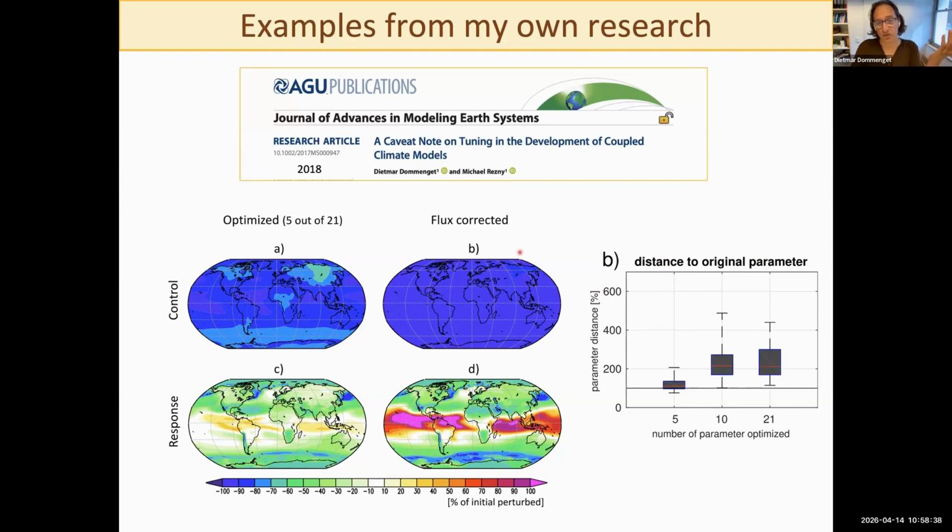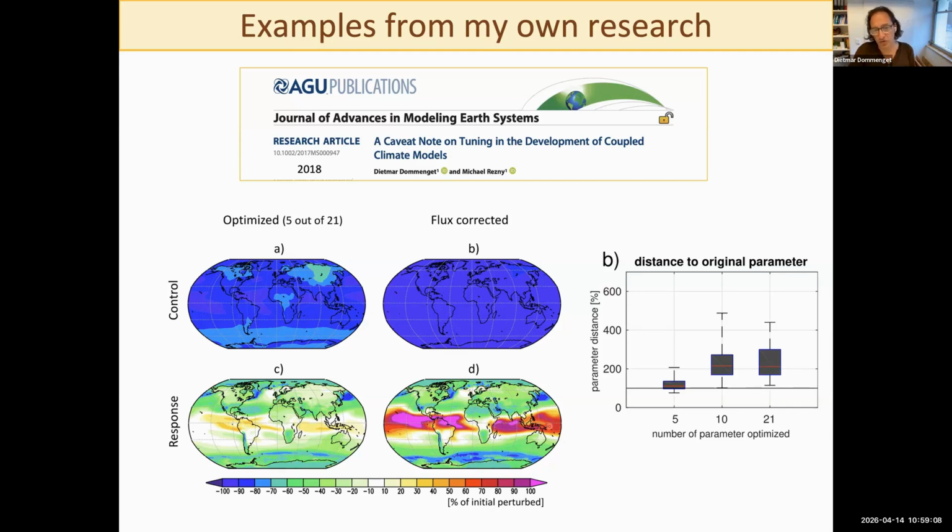If I reproduce the same thing with flux corrections, first with flux corrections I can get rid of all the errors in the control one. So the model will look perfect. But then if I test this in the response, you can see it's also greenish and bluish in most regions. So it improves the response to CO2, but not in the tropics, where it actually makes it worse. So the flux corrections, in some sense, suggest to you an almost perfect model in the control one, but some of the responses in the tropics actually get worse.